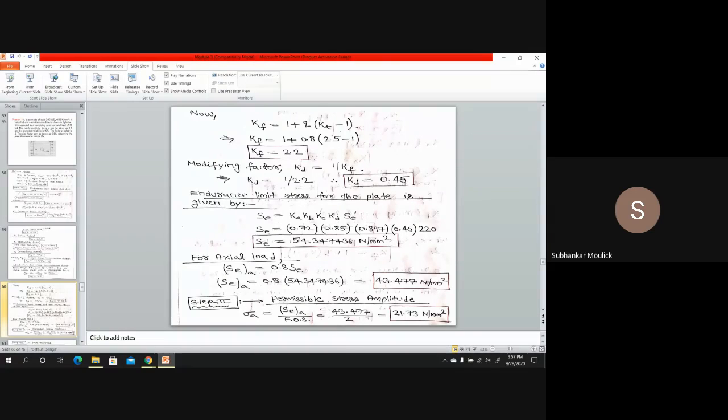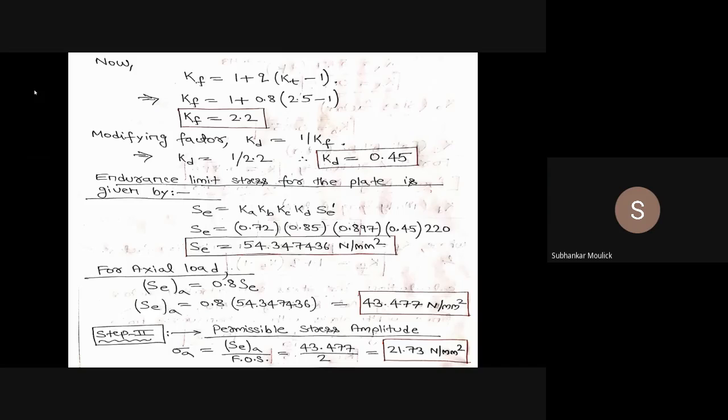Now, if you see, we have calculated all the four derating factors. Now we can calculate the actual endurance limit of the component. That is, Se is equal to Ka, Kb, Kc, Kd, Se dash. Ka we have calculated 0.72, Kb given in the problem 0.85, Kc from the chart we found to be 0.897, and Kd just now we have calculated, that is 0.45, into Se dash.